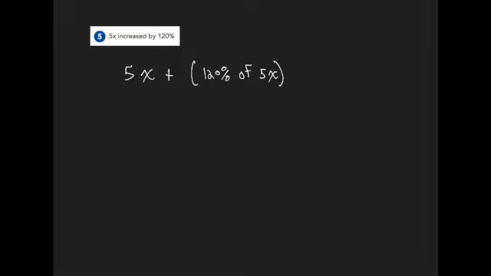So it's 5x plus 120% of 5x. And again, 120%, that is a description, right? So we want to change that into a number, which would be 1.2. So now we have 5x plus 1.2 times 5x.